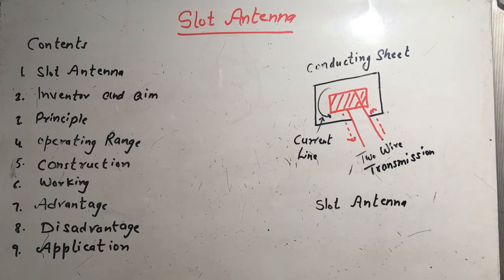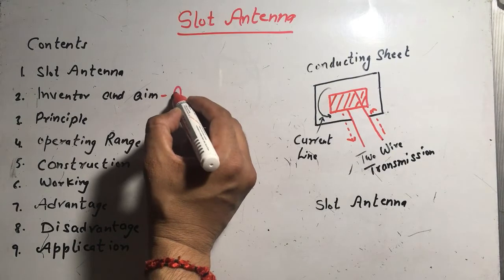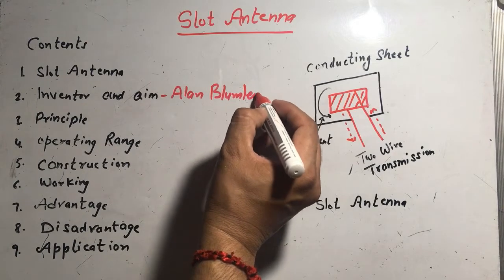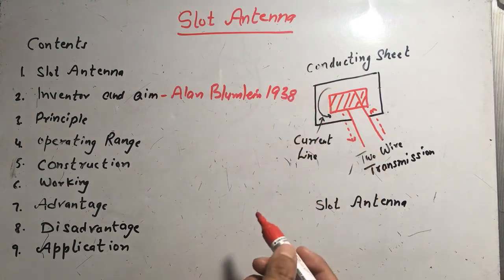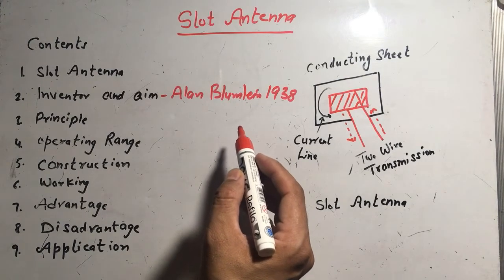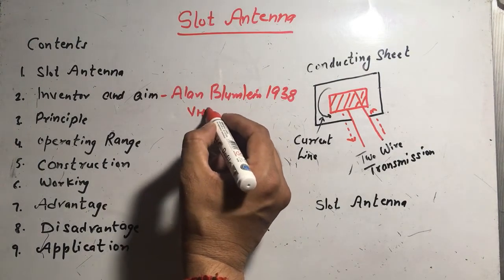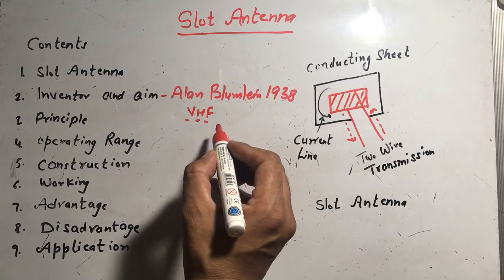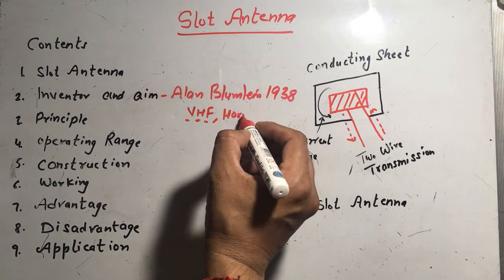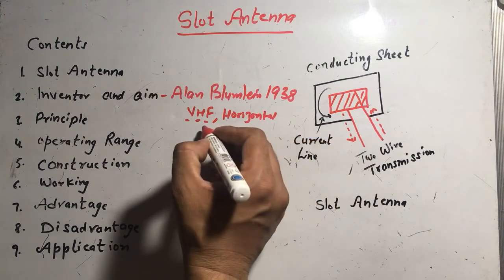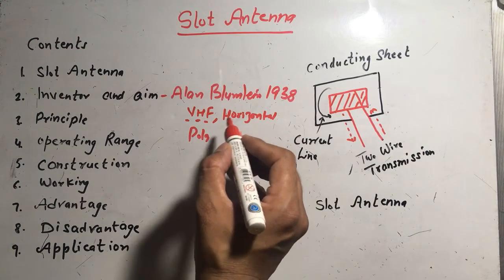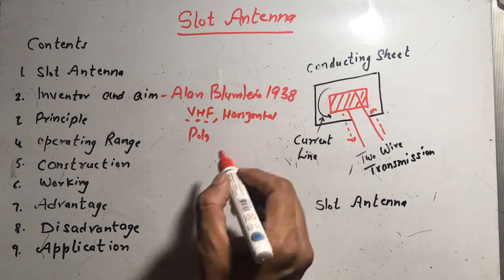It was invented by Alan Blumlein in 1938, and the aim behind the invention was to produce a practical type of antenna for VHF television broadcasting, for very high frequency range radio broadcasting, that would have horizontal polarization and an omnidirectional horizontal radiation pattern and a narrow vertical radiation pattern.